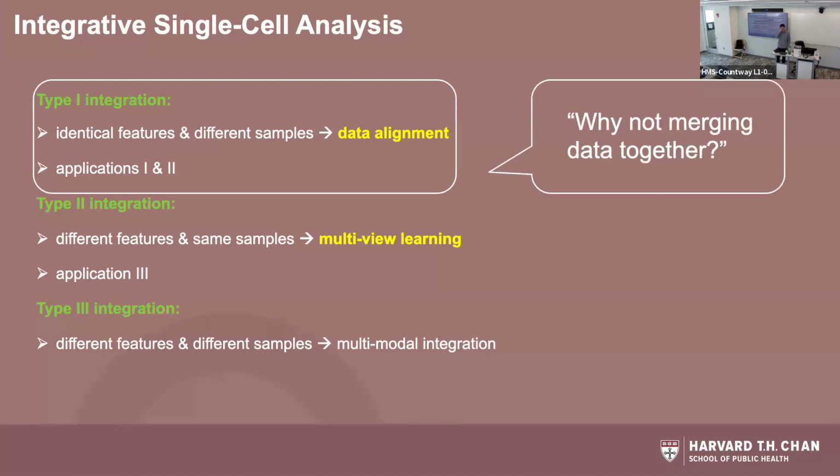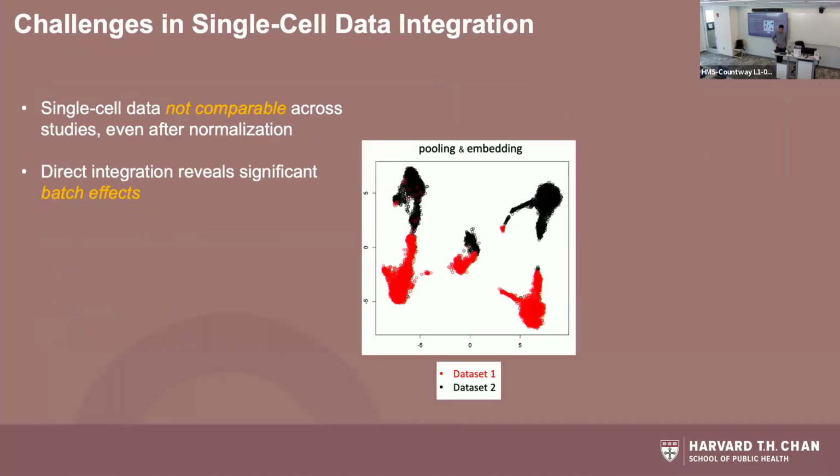Okay, now come back to the original question: why is it a challenge to integrate multiple samples? Why not just merge the data together? The challenge comes from a technical barrier that essentially comes from the single-cell experimental design.